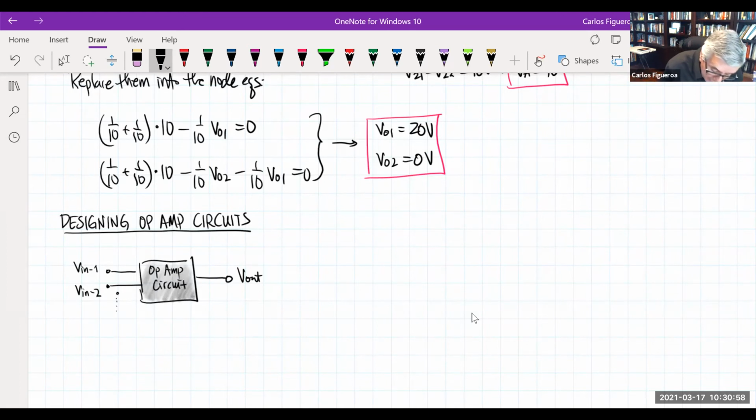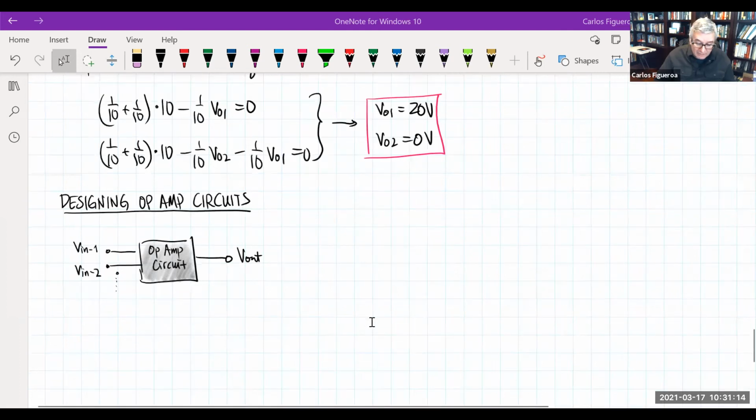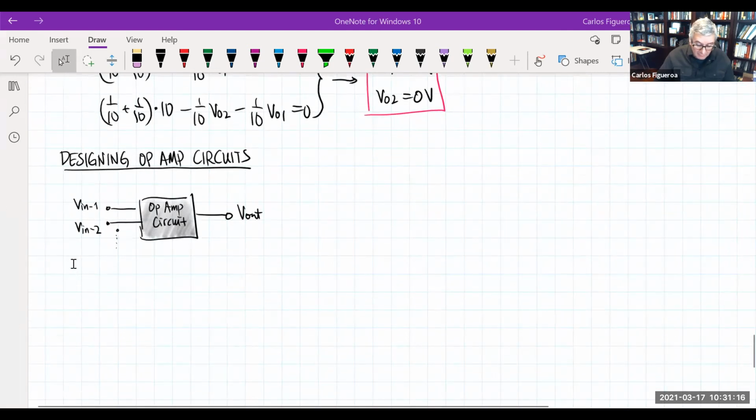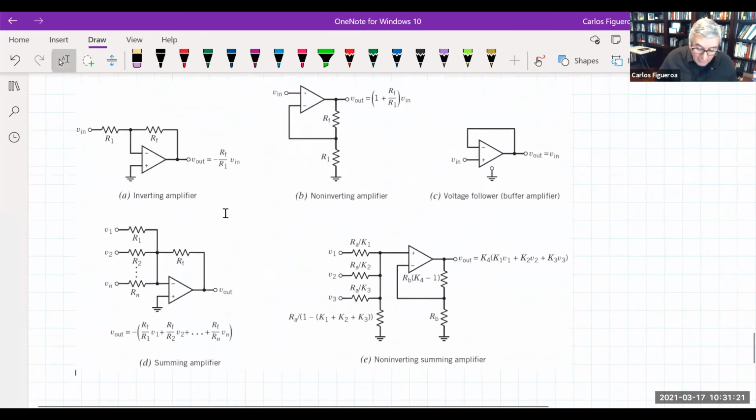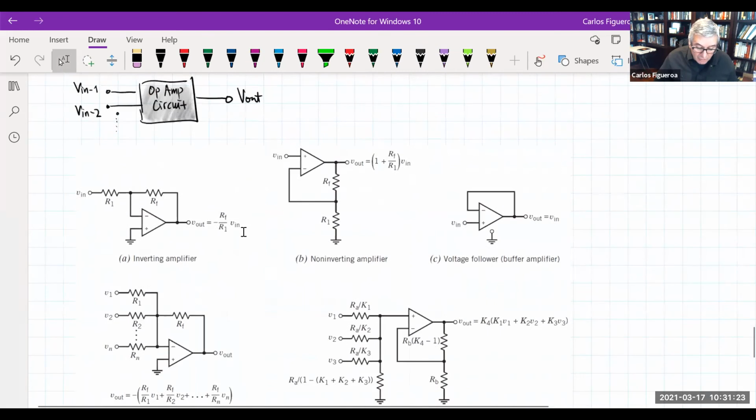Now, what goes into that op-amp circuit really depends on what you want to do. One of the examples I want to show you is what's in the textbook. You can go in and look at these designer op-amp circuits.